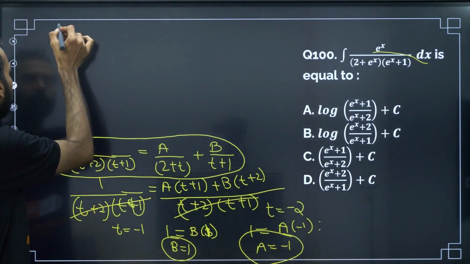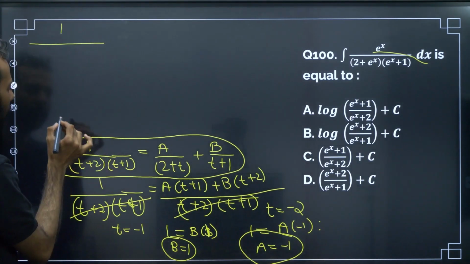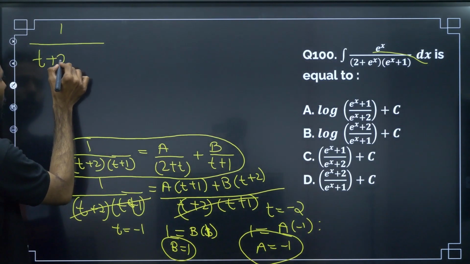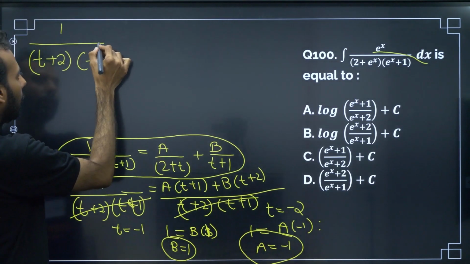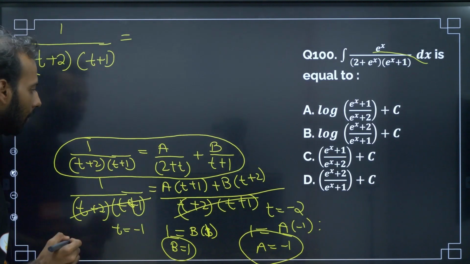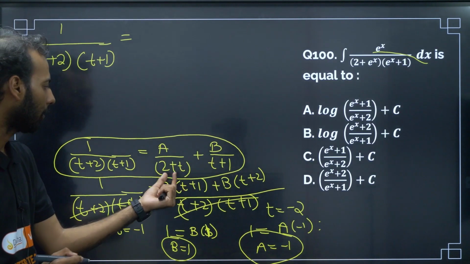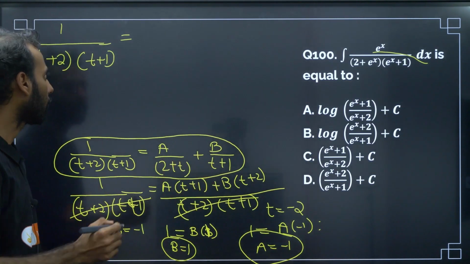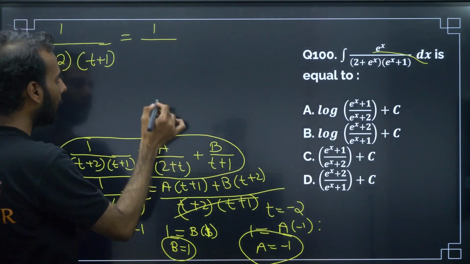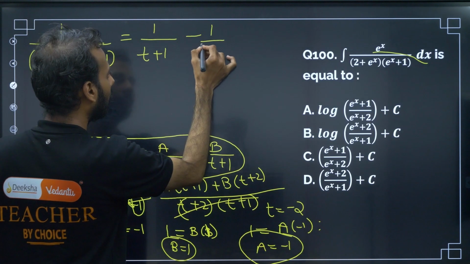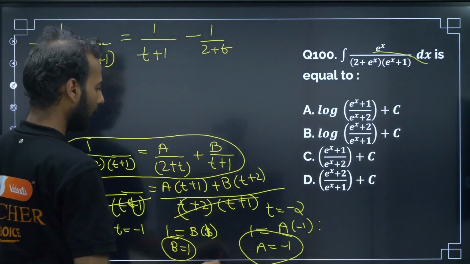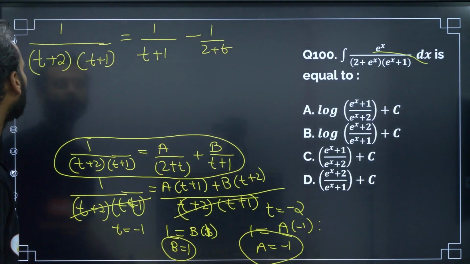So let me write once again: 1 over t plus 2 times t plus 1 is equal to, for a negative 1 and for b 1. So first let me write b over t plus 1 and then negative a over t plus 2. A is negative 1 over t plus 2.